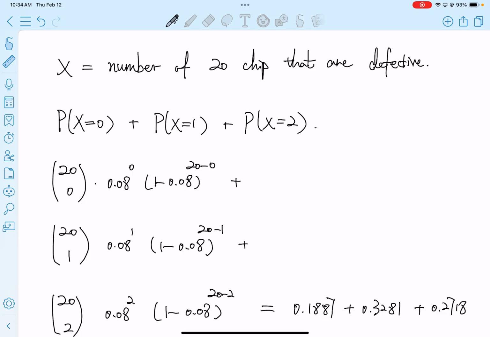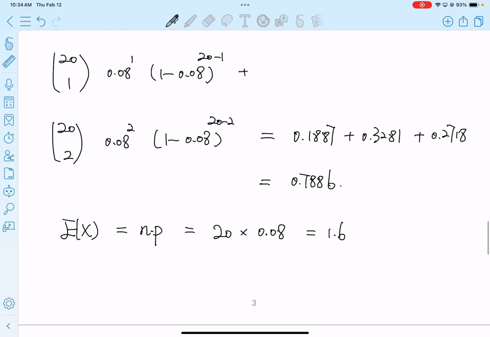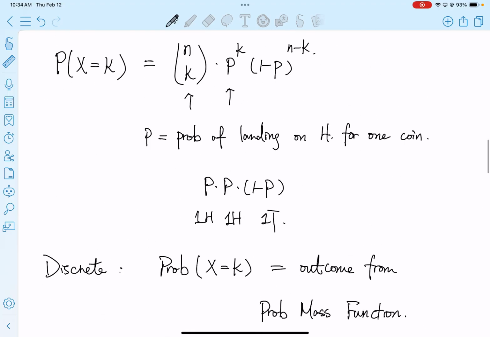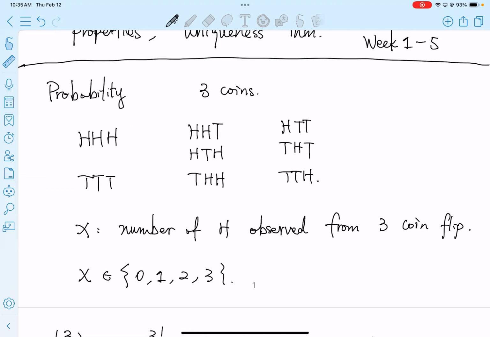The probability getting close to 1 will be the case when you have at most... To get an intuition on how we get closer to 1, you can make a plot like what we did on Tuesday. On Tuesday, with the 3-coin examples, we made a plot for the probability of 0, 1, 2, and 3.